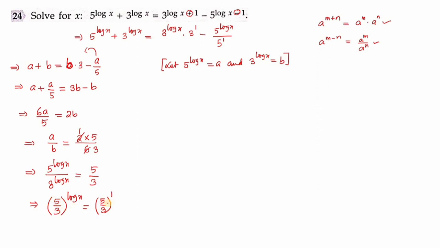Yes. Now the bases are the same, so the powers must be equal. So log x is equal to 1. When does the value of log become 1? When it is log 10. So the value of x is 10. You may pause the video and note down your solution.